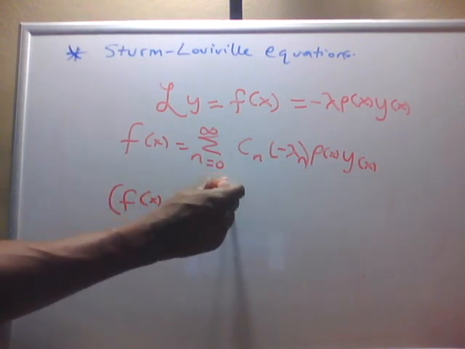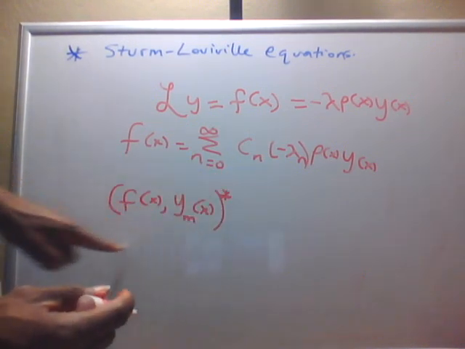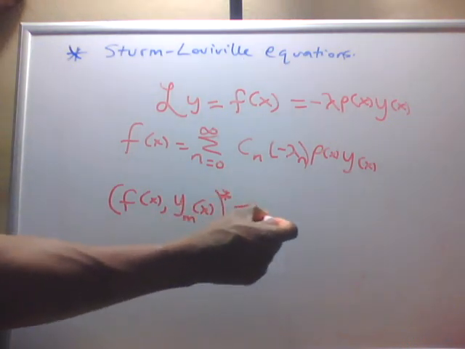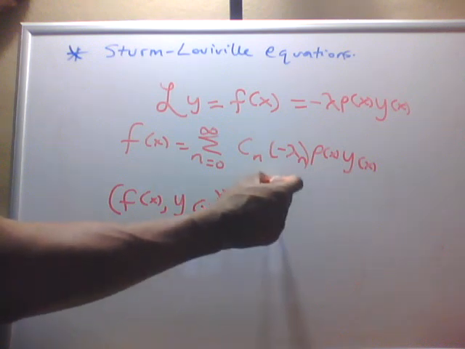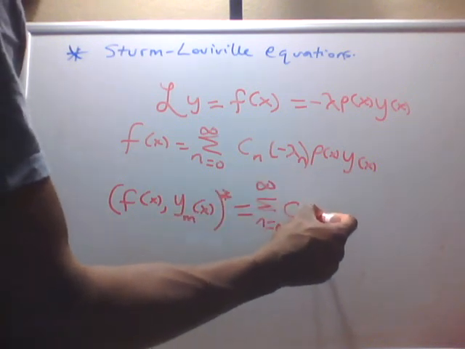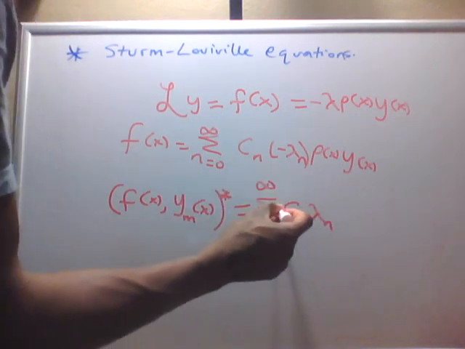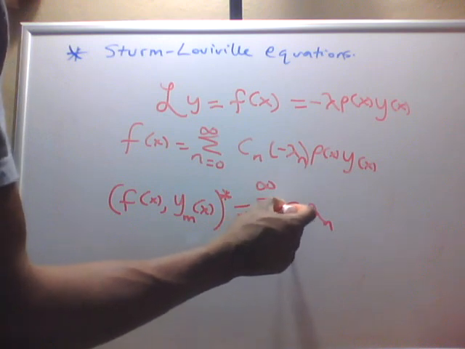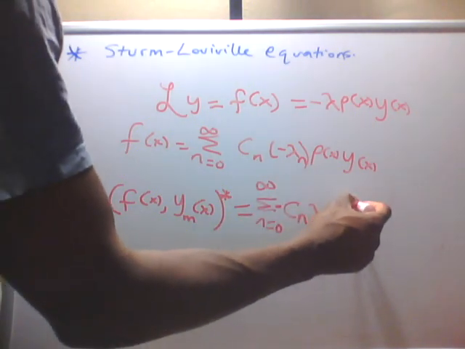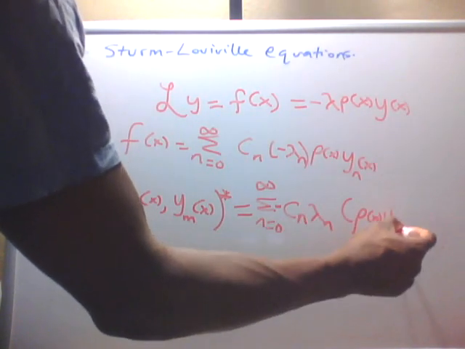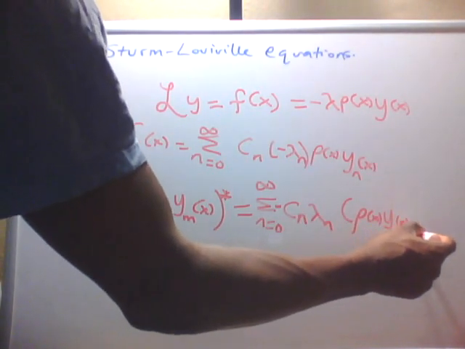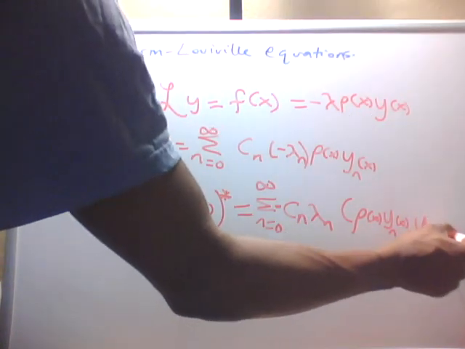let's just call it star. This is a weight function of 1 for the inner product, equals the sum from n equals 0 to infinity of Cn lambda n. Let's put a negative sign out here, and then rho of x yn of x ym of x.